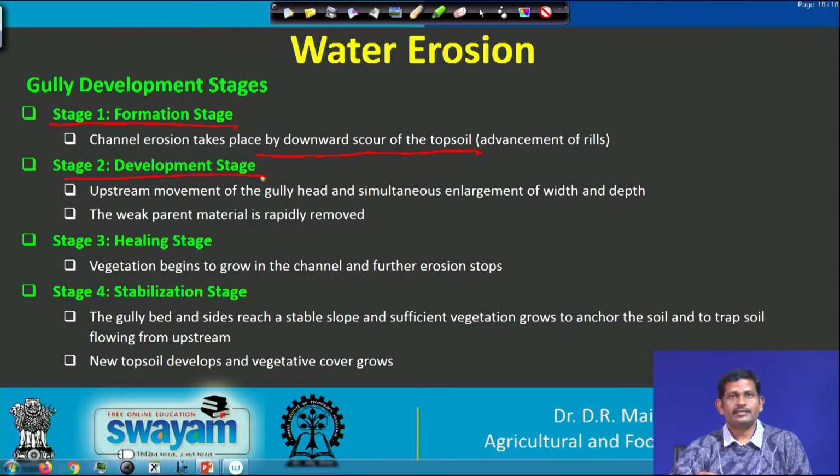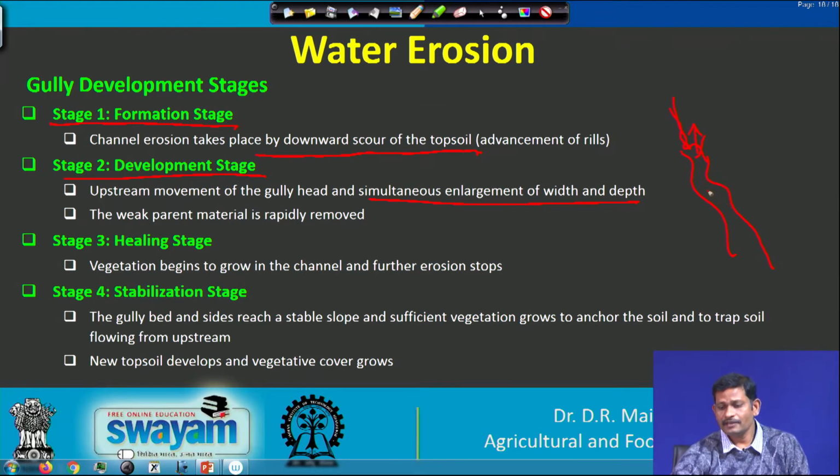In this case, there is upstream movement of the gully head and simultaneous enlargement of width and depth. Suppose here is the gully, here is the stream channel. In the development stage, what happens? As I mentioned before, the head is going to cut further and further, so that is the development taking place.